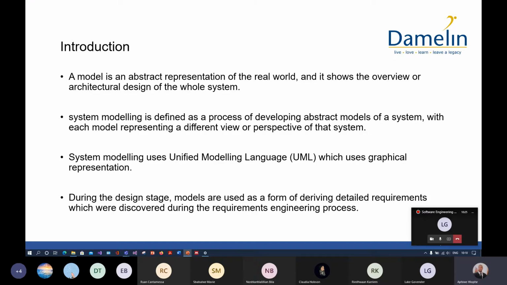What is a model? Okay, so a model is a representation. It's a graphical representation of something that exists in the real world. We find models not only in software engineering, but also in construction.